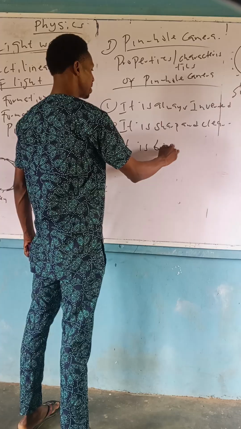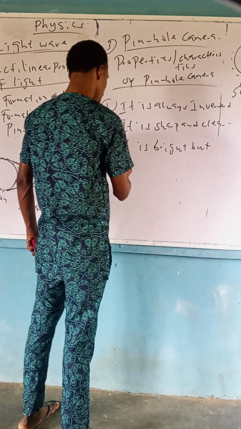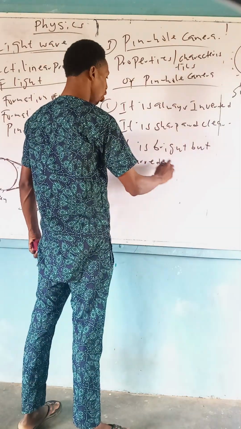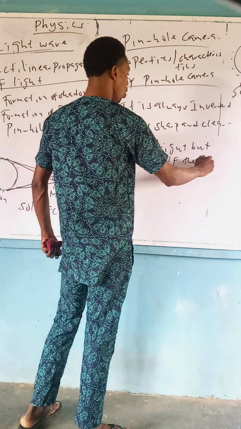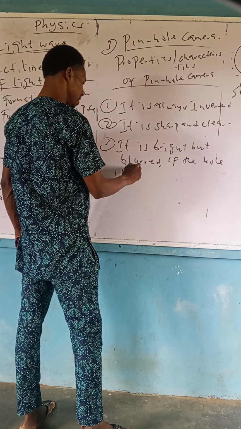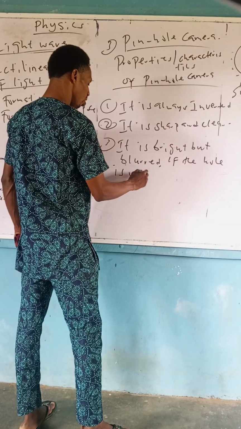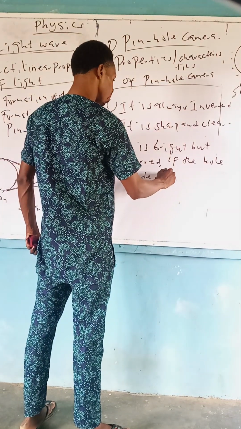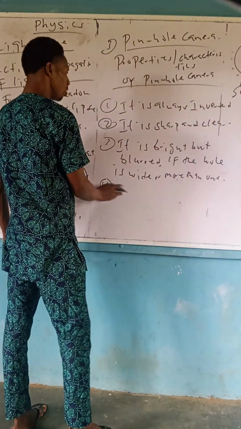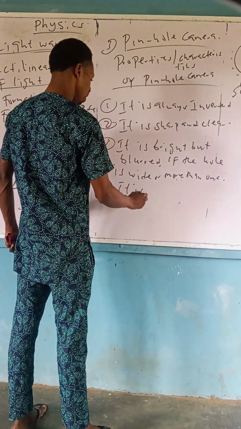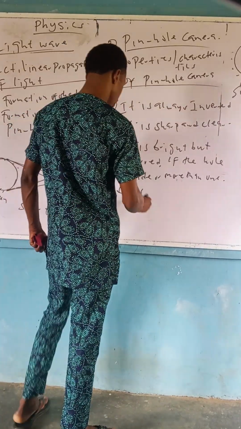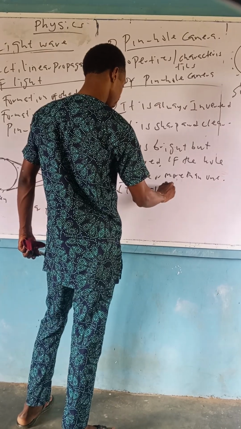It is bright but blur, if the hole is wide or more than 1. Bright but blur.